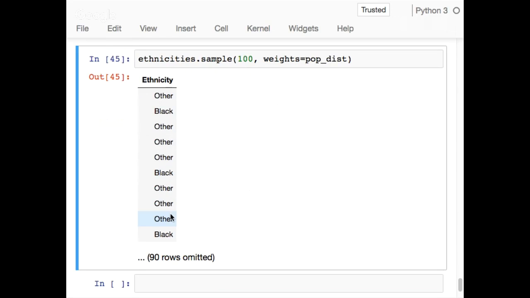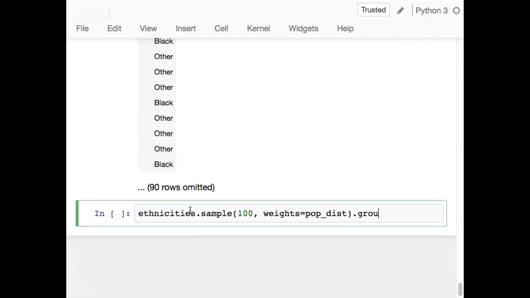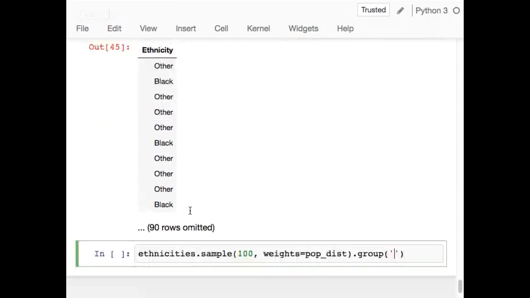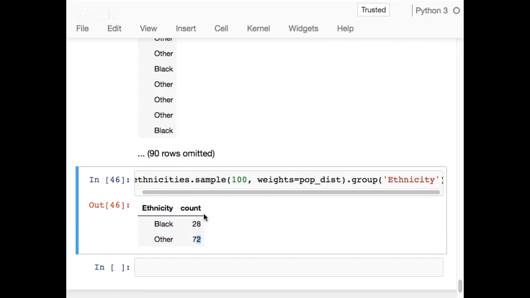Okay, so now I have one panel. I can look at the proportion of blacks in my one panel. So here we go. I can group by my ethnicity. I have 28 black, 72 others.